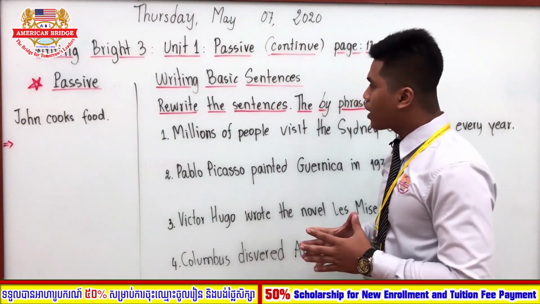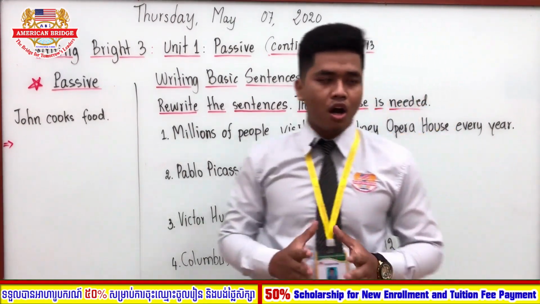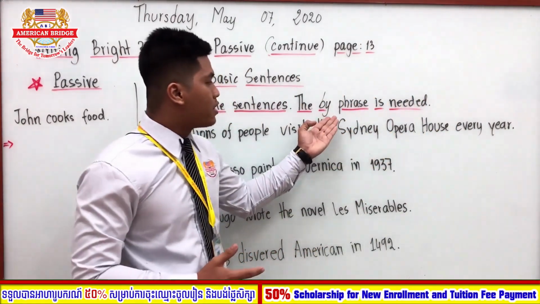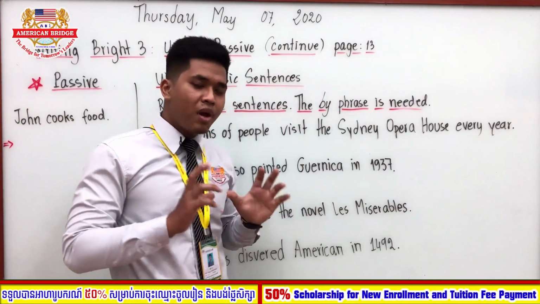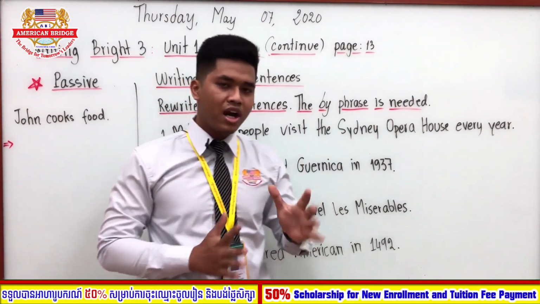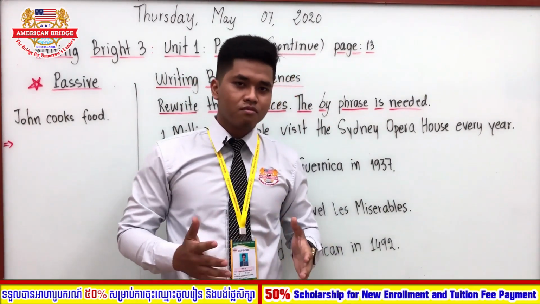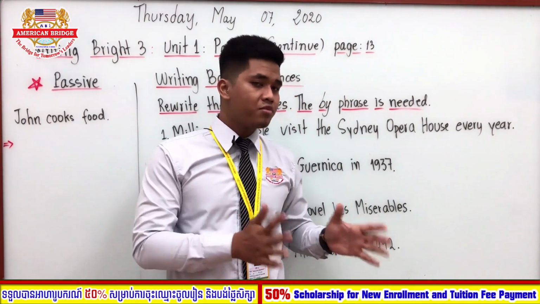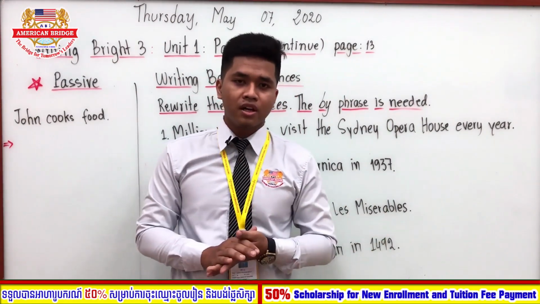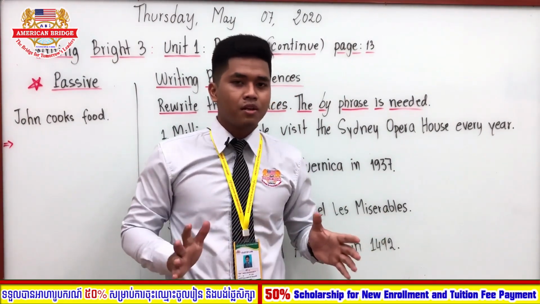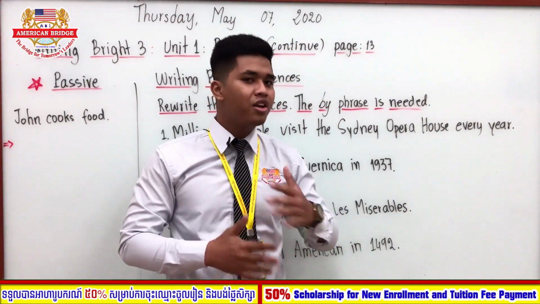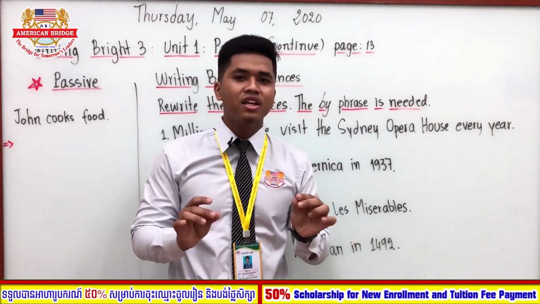And today we will look at the usage of by phrase. In passive, you remember we have the subject, we have the verb and the object, the same as in an active sentence, but they are a little bit different when we look at the actions.